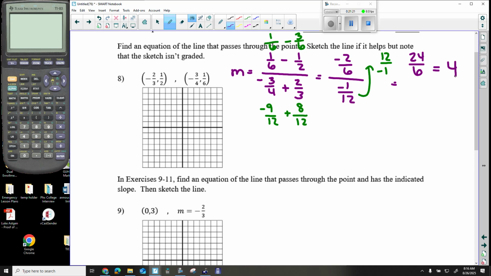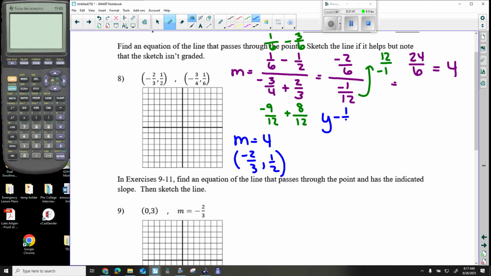That's going to be 4. All right, so that is our slope. So our slope that we are using is 4, and pick one of the random points, and I will just select -2/3 and 1/2 as the point that I'm using, and then go ahead and write your equation.